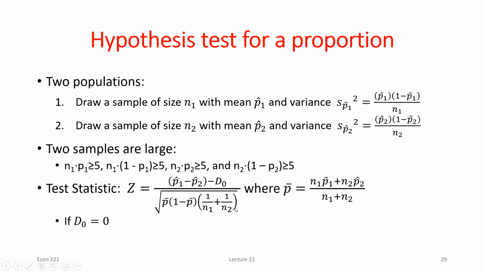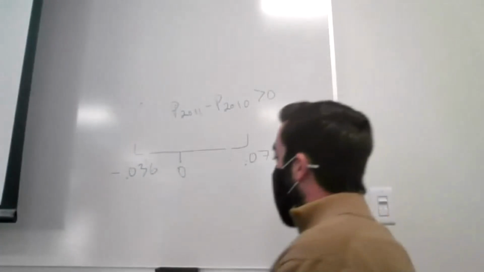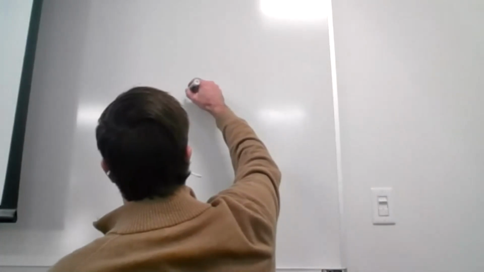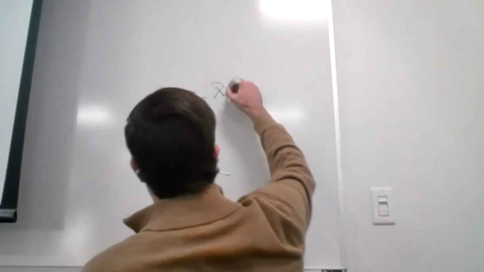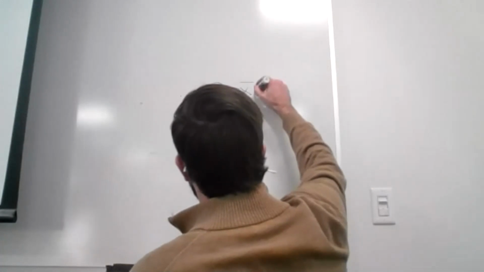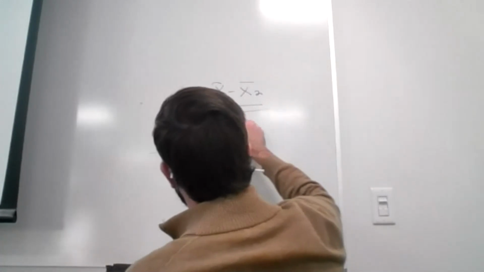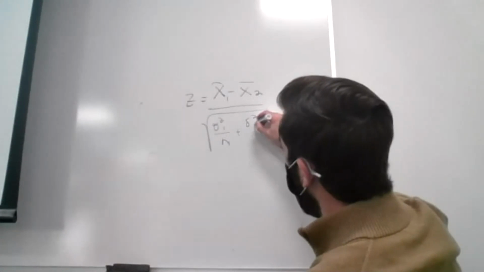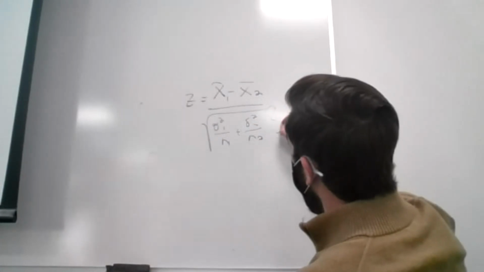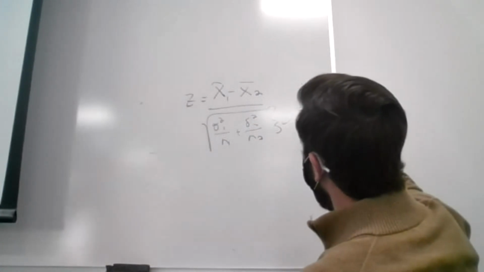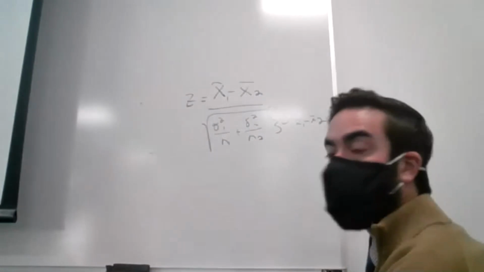But now, the denominator. Remember, the denominator we had before, when looking at the difference in sample means, was the variances over the sample sizes. This was the standard deviation of the difference in those sample means.